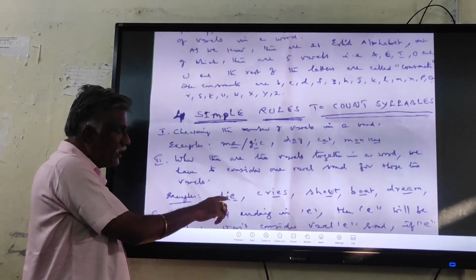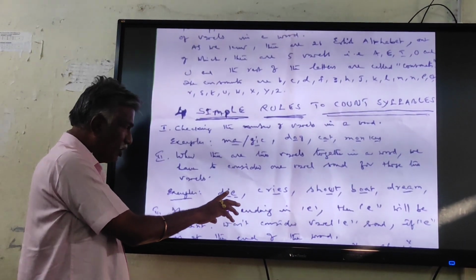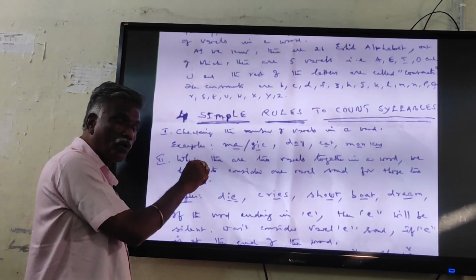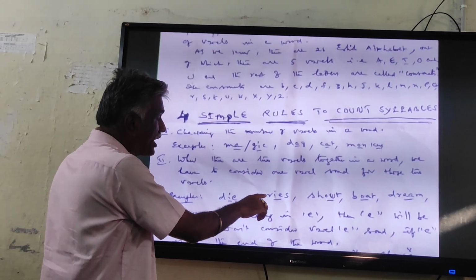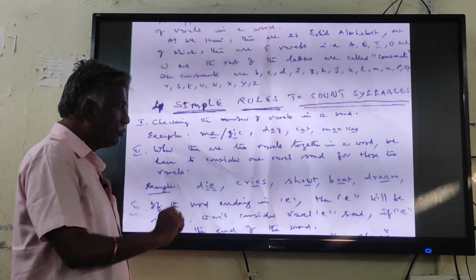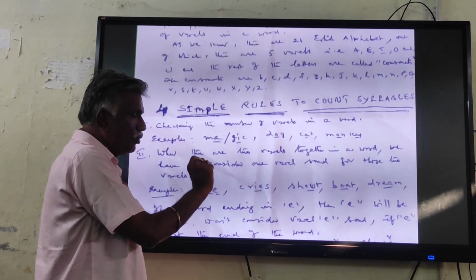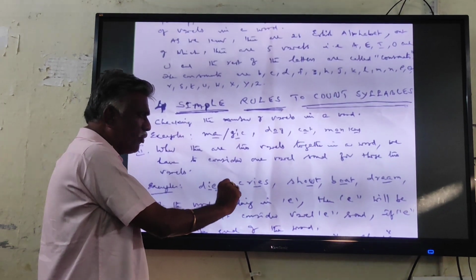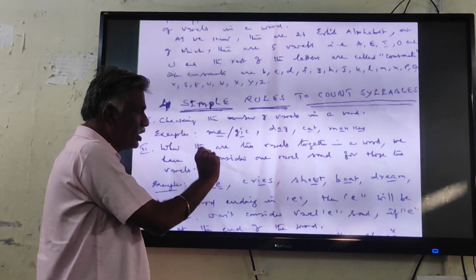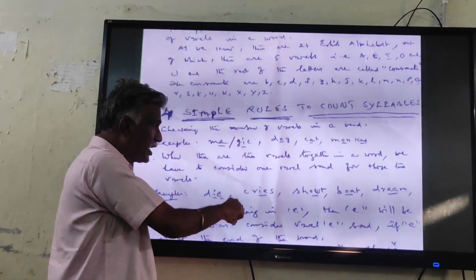That's why it is a single syllable. This word has a single syllable. It is a monosyllabic word. Like that, you see Christ, two vowels are here, but we should not pronounce both. We just take one vowel sound. It is pronounced like this, Christ.